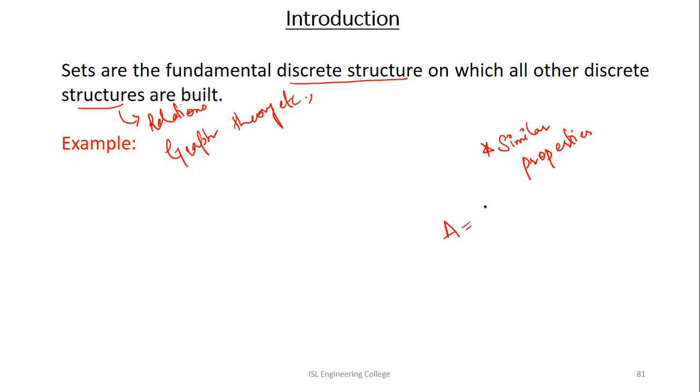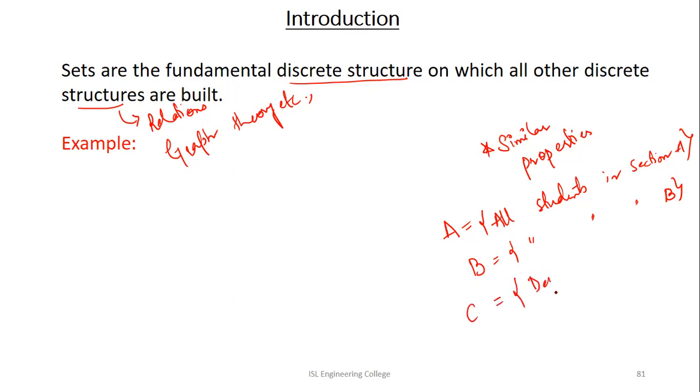It can be denoted by the set A, all students in section A. Similarly, set B can be all students in section B. Another example can be the Department of Computer Science Engineering, or D, the students in ISL Engineering College. So these are the different examples of sets.